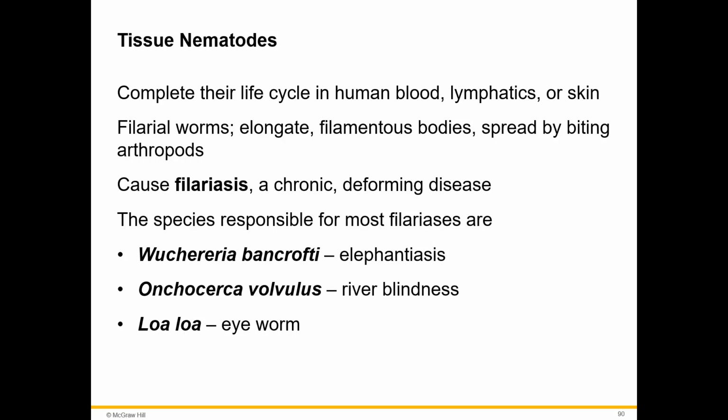We're going to look at the species that are most representative of filariasis. We've got Wuchereria bancrofti, which causes elephantiasis. We've got Onchocerca volvulus, which causes river blindness. Then we have Loa loa, the eye worm.